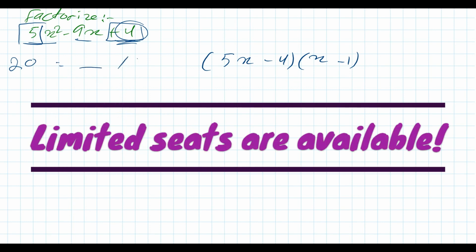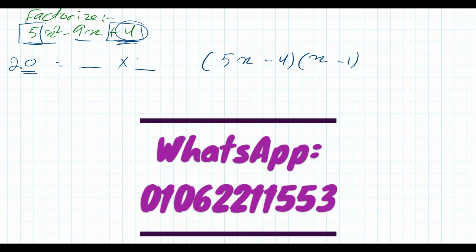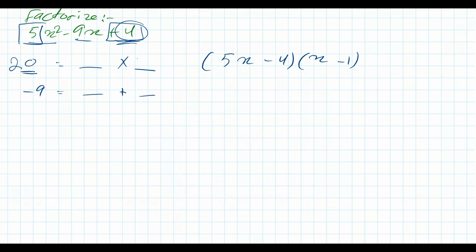If you multiply these two values, the result should be 20. If you add them, the result should be negative 9. We're going to select negative 5 and negative 4, because negative 5 plus negative 4 is negative 9, and negative 5 times negative 4 is 20.